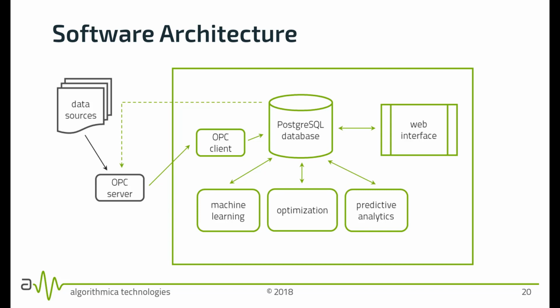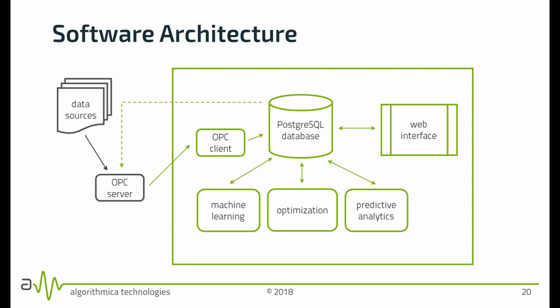Then a number of mathematical methods from machine learning, optimization, and predictive analytics operate upon that data and write their results back to that database. These results can be the modeling process itself, or it can be using the models in order to determine what one should do or in order to release alarms.